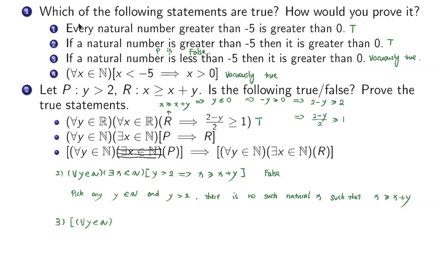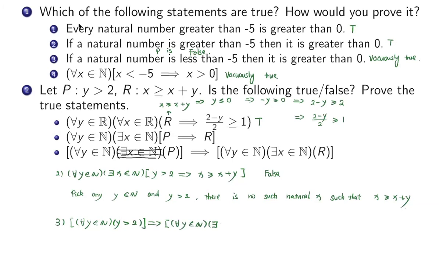So for all y in natural number, y is greater than 2 implies that for all y in natural number, there exists x in natural number such that x is greater than or equal to x plus y. Is this true or false?